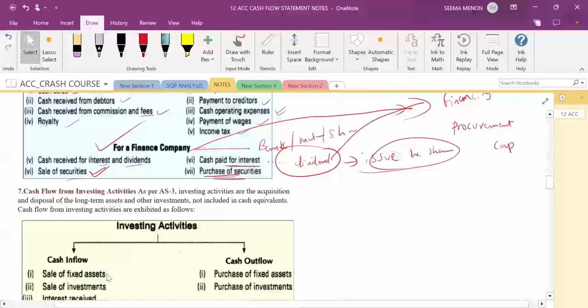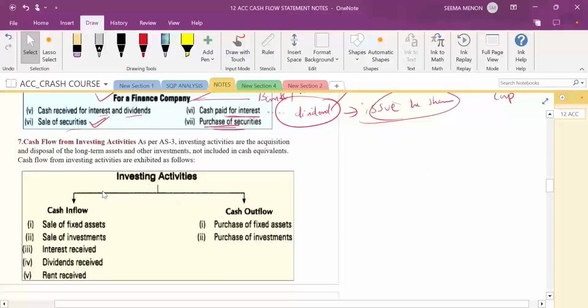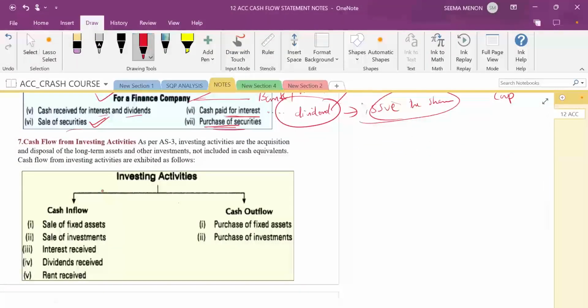That's all. Cash flow from investing activity. Now, as per AS 3, Accounting Standard 3, for investing activity we have to take the balance sheet, and only the non-current asset portion. While dealing with investing activity, you have to consider only non-current assets.